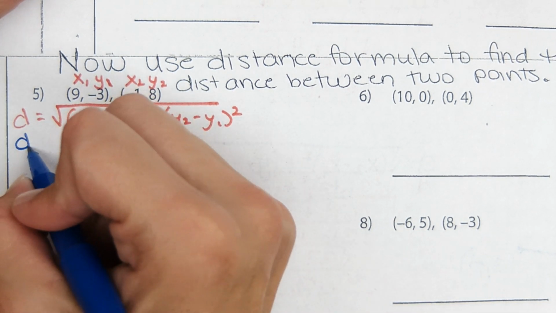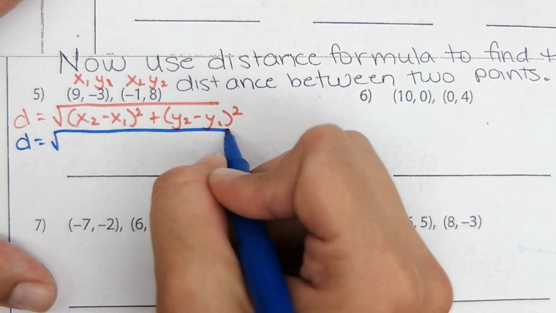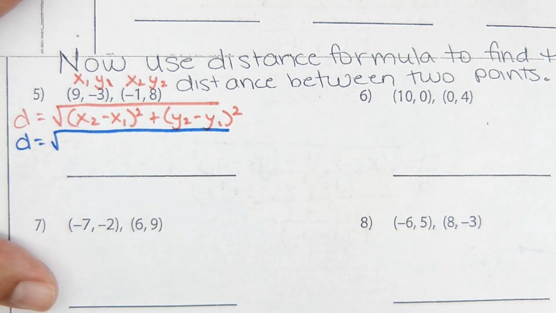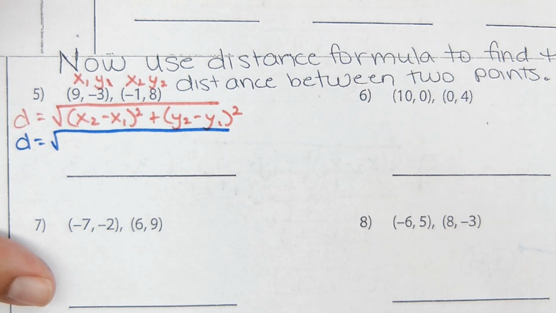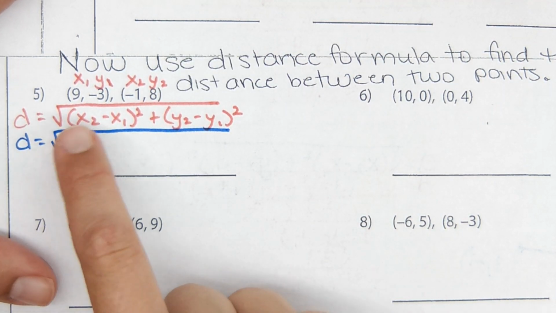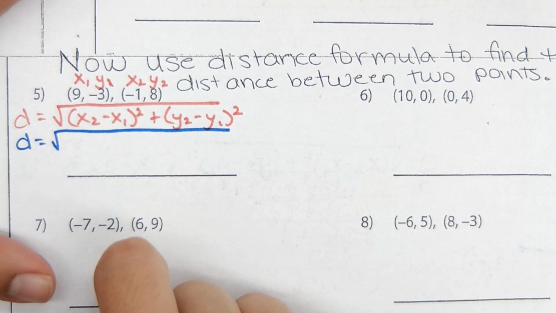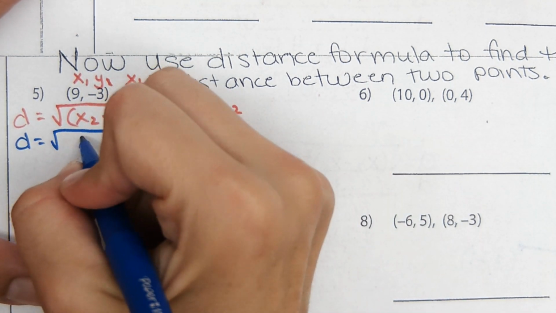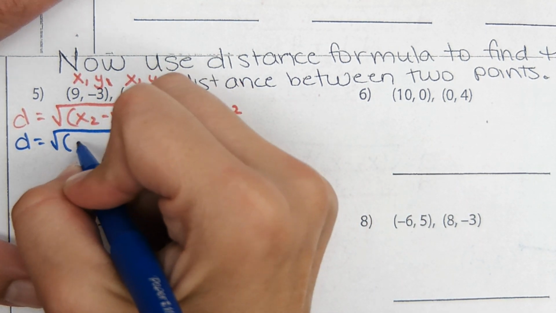And then you plug your numbers in. You could technically graph these points and do it with the Pythagorean Theorem, but sometimes they give you decimals or really large numbers that wouldn't make sense for you to graph it like that, so that's why it's important to know both ways.